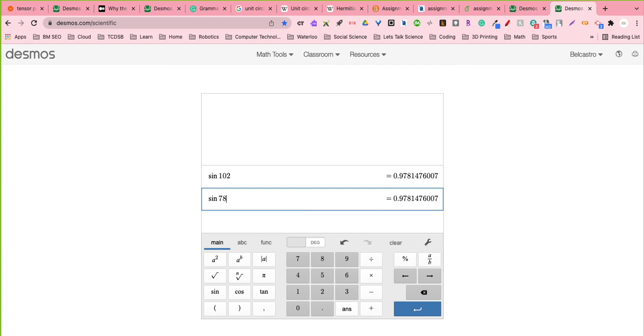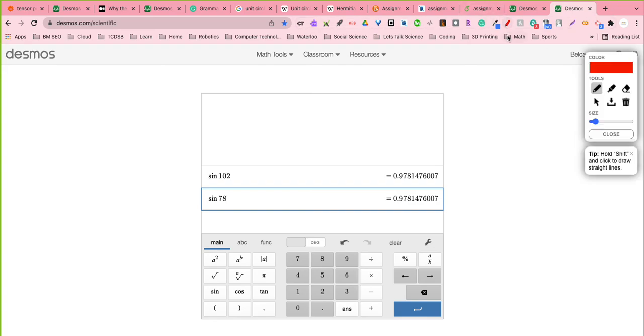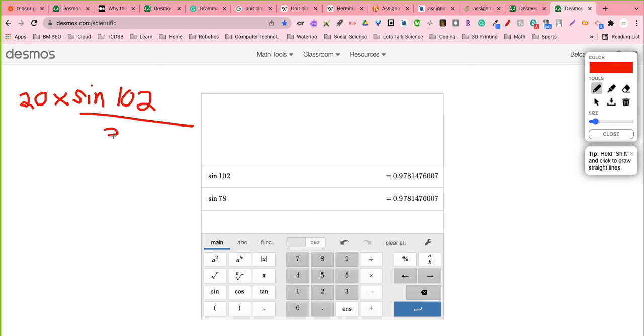Now, our actual equation, I'll write it on the side here so we don't forget. I'll have to write with a mouse, which will not be very good, but it's 20 times sine 102 divided by 35. We wrote it there just so I can type it in the calculator and we have something to reference.